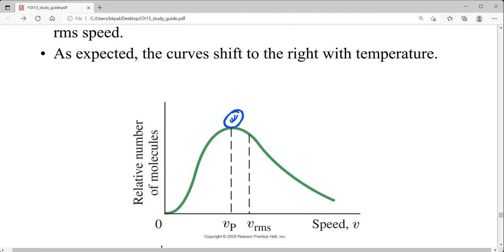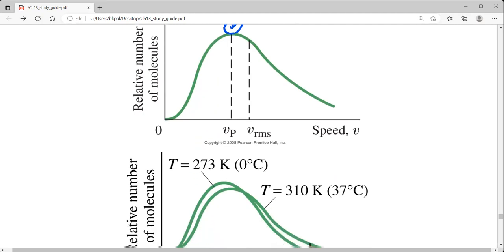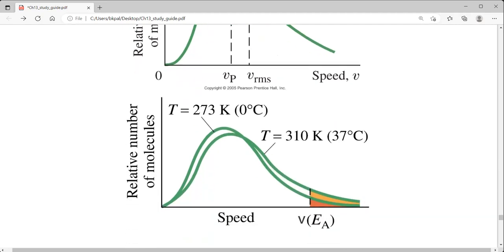RMS speed is a little bit higher than the most probable speed. He also showed that for higher temperature, this graph shifts to the right. So you see this graph is at lower temperature and this graph is at higher temperature. You see that the peak shifts to the right.